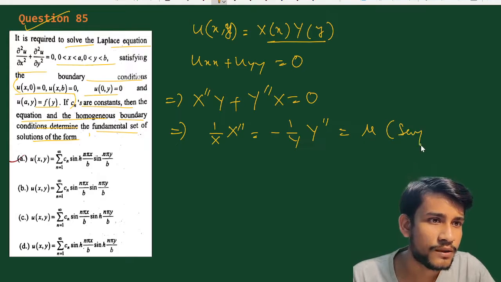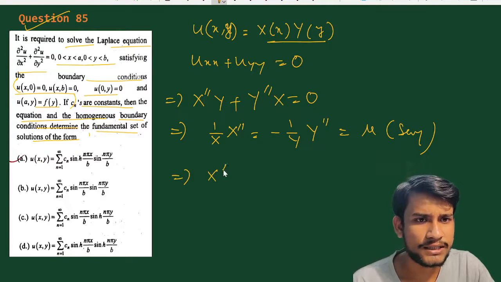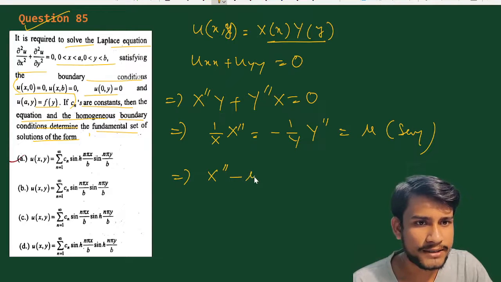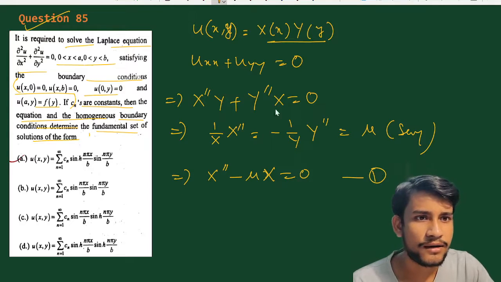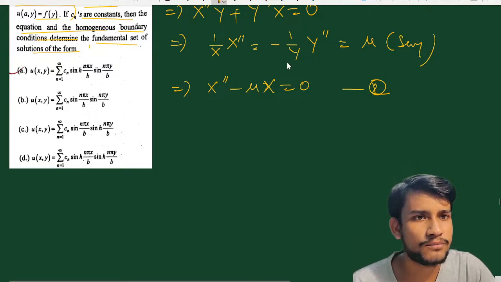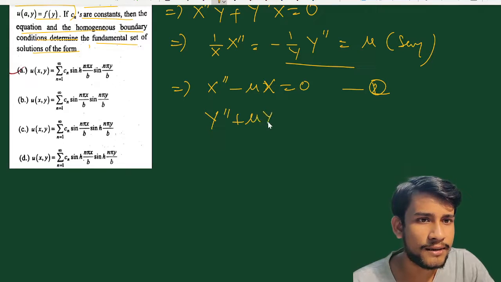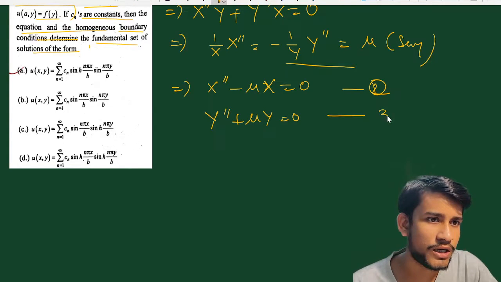So the two equations are X double dash minus mu X is equal to 0, this is number 1, and from this we get Y double dash plus mu into Y is equal to 0. This is number 3 suppose.